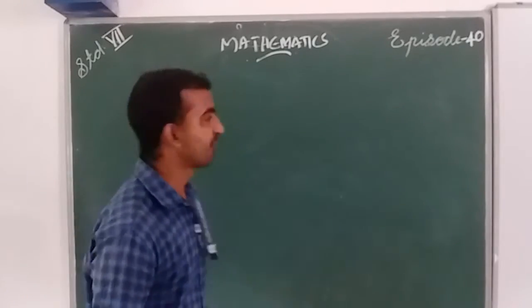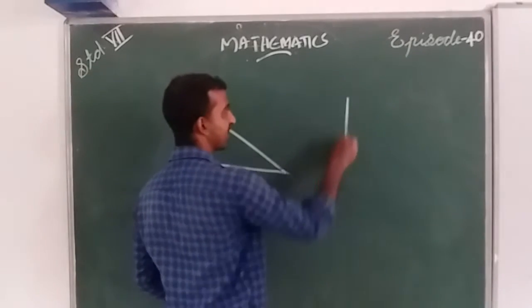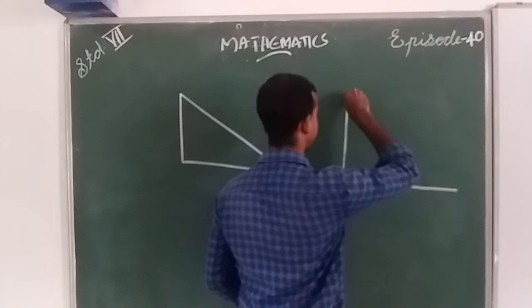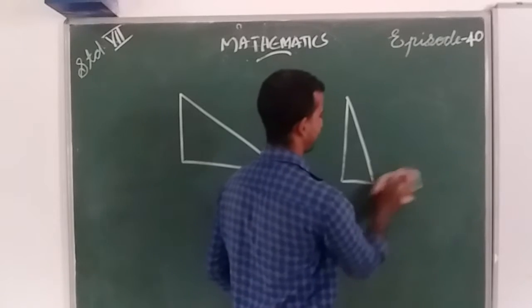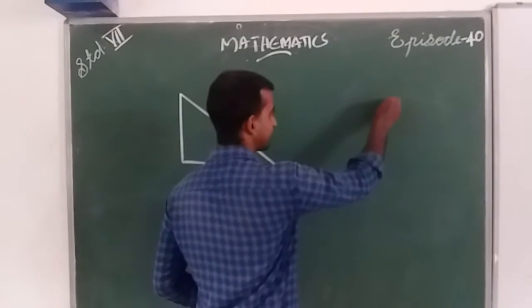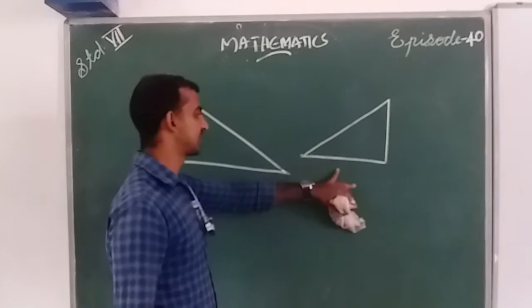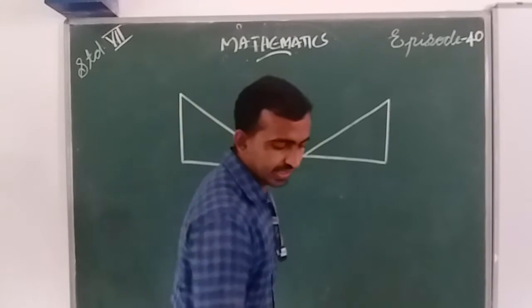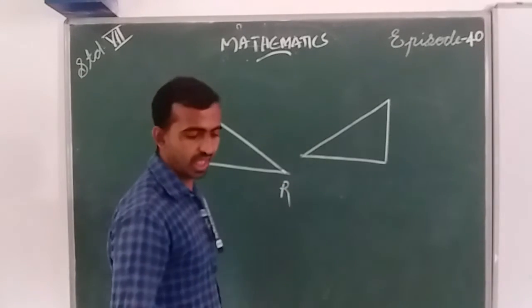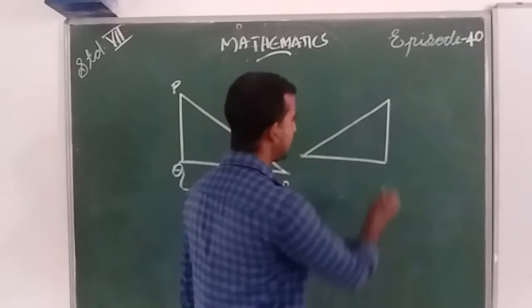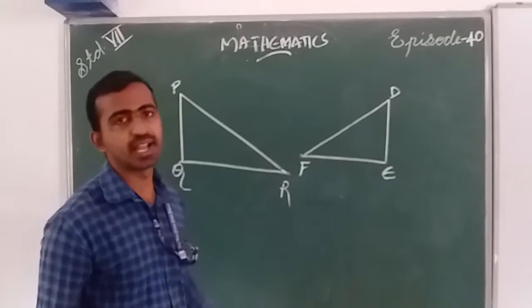The first figure is here, and the next one is this one. The first triangle is PQR and the second one is DEF.